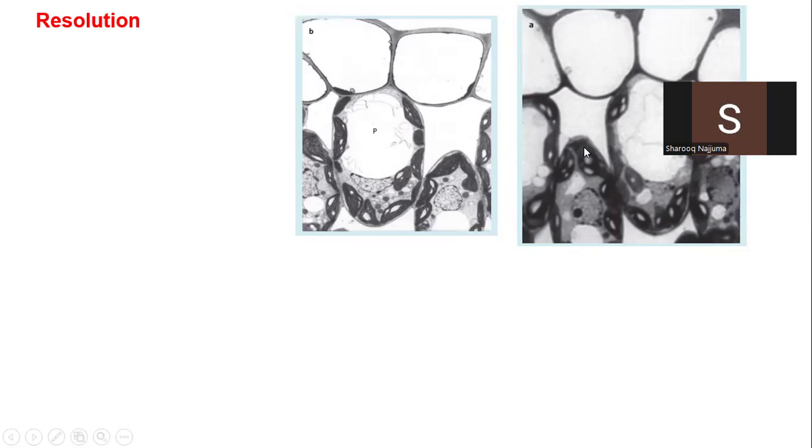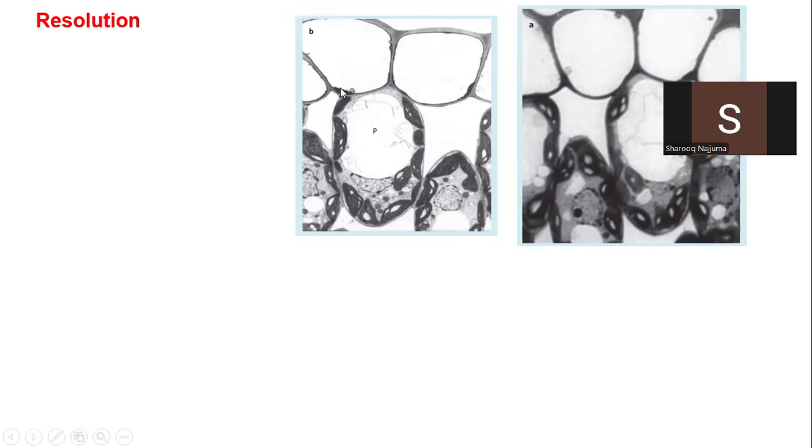When you look at these two micrographs, one is from a light microscope, one is from an electron microscope. Which of the two is much more clear? Is it A or B? Yes, it's B. You can see that B is much more clear compared to A. And now the fact that B is much more clear compared to A, we can say that the microscope that was used to observe this structure has a higher resolution.